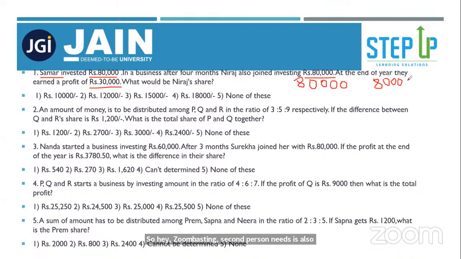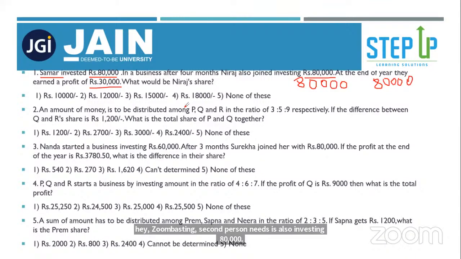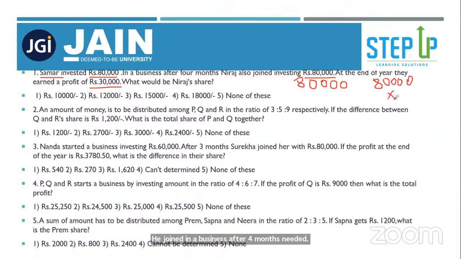Now here comes, after 4 months, Neeraj joined. After 4 means 12 minus 4, 8. And this person is investing from the beginning, so it's 12. So 80,000 is gone and the ratio is just 3:2.